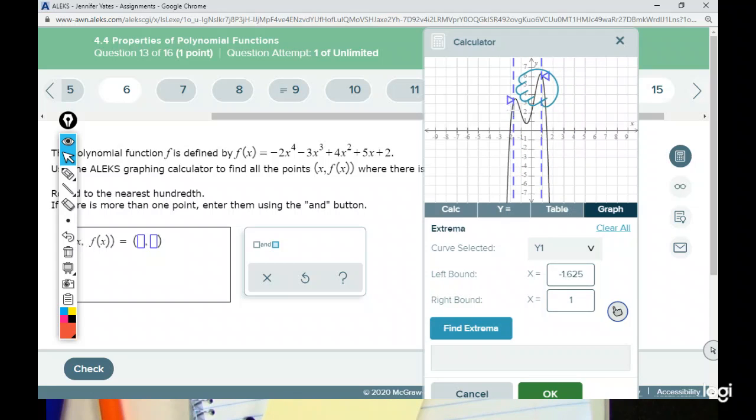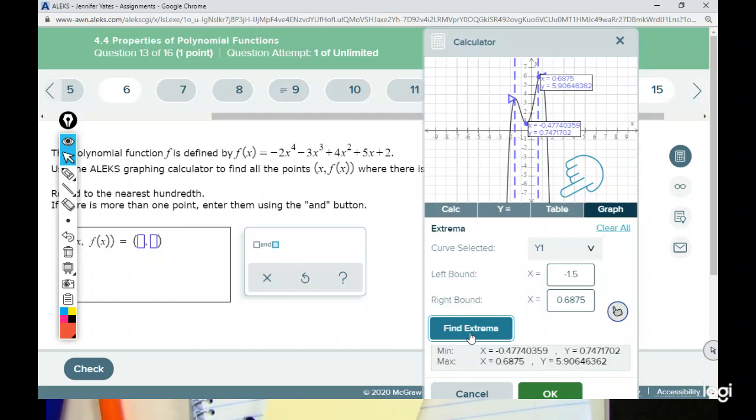You'll move those 2 blue lines. So what you're looking for, in my case it's the minimum, is in between those 2 blue lines. Find extrema. Oh, it happened to find the maximum too, but I know I'm looking for the minimum. And it tells me to give both the x and the y that are written right here.